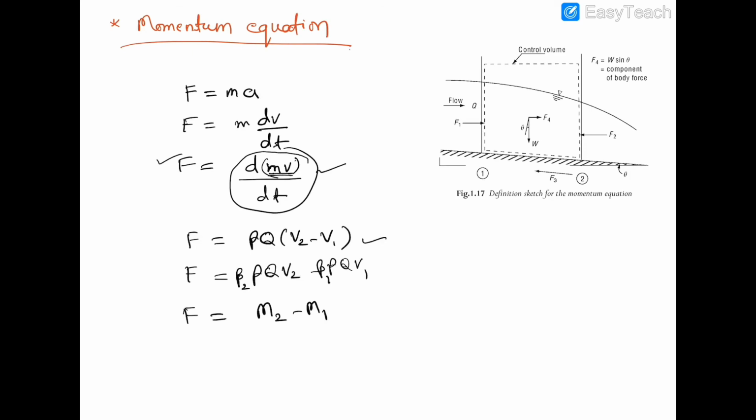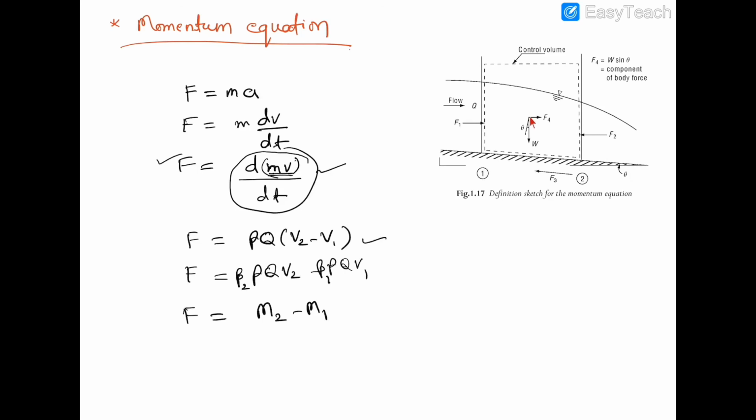Suppose we consider a flow in an open channel, and this flow is steady varied flow. Here, how many forces are acting in this control volume? In this figure, we are considering the control volume between section 1 and 2. So in this fluid mass, how many forces will be acting?